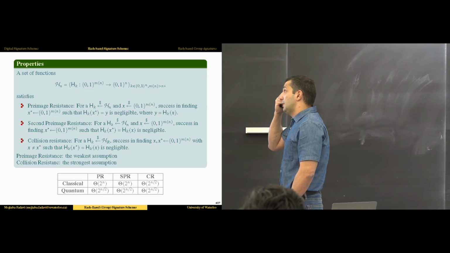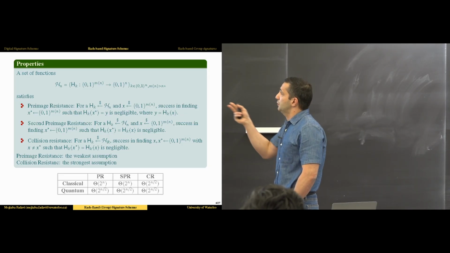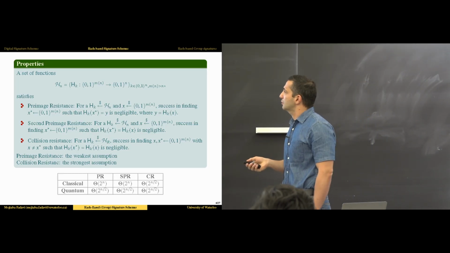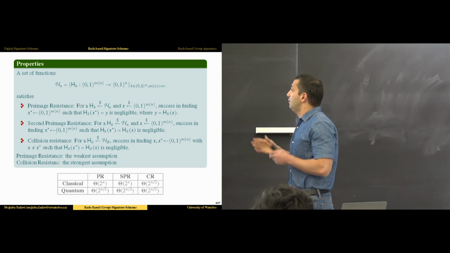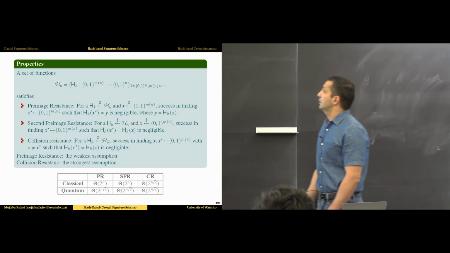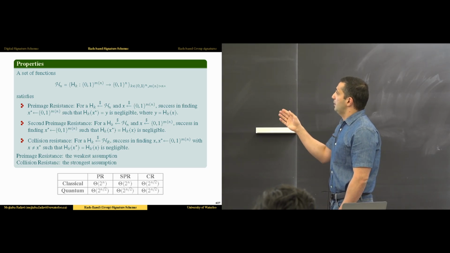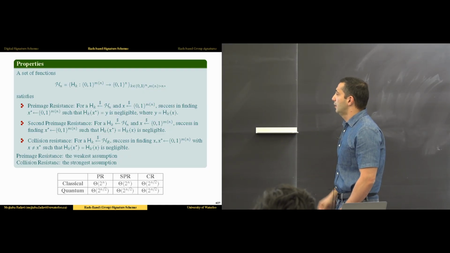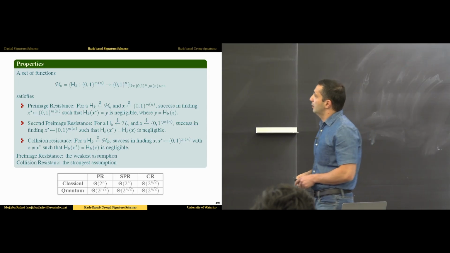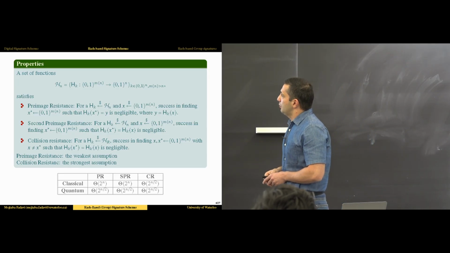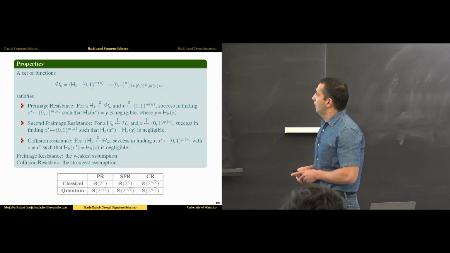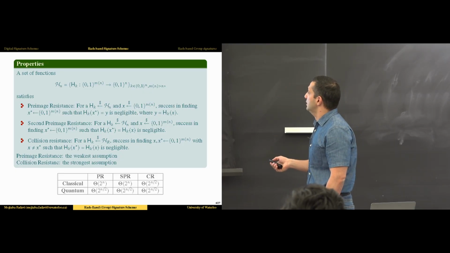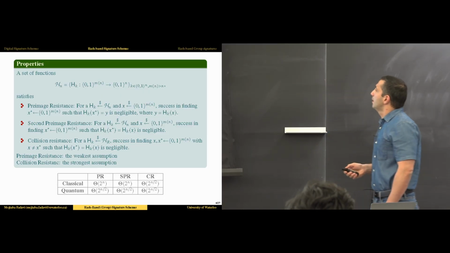We say that this hash family satisfies preimage resistance if, for every randomly selected hash function H_k from this family and every randomly selected x from its domain, the success probability of finding a second x*, in the domain, with the same hash value as the hash value of H(x) is negligible.